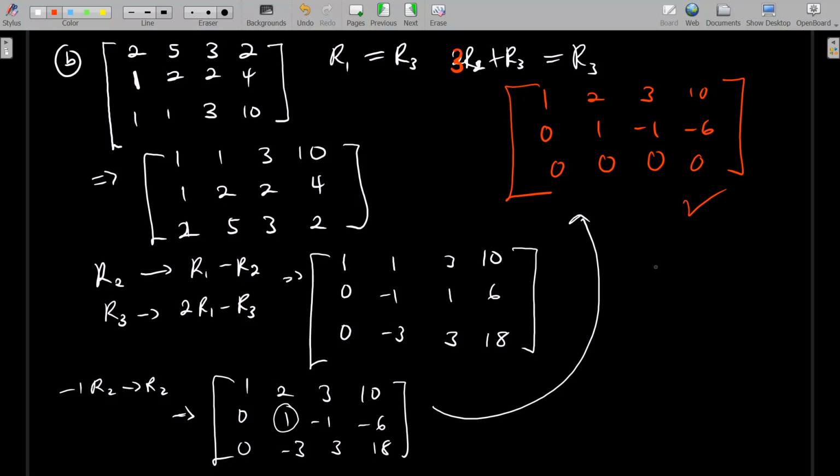Maybe I have a system that has 2 equations, right? Maybe 2x plus y plus z equals maybe 1, and y minus 3z is equal to maybe 4. I have 2 equations and I have 3 unknowns. That's what I'm looking for.